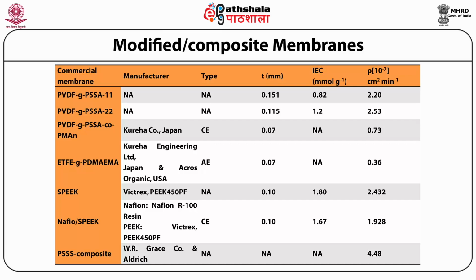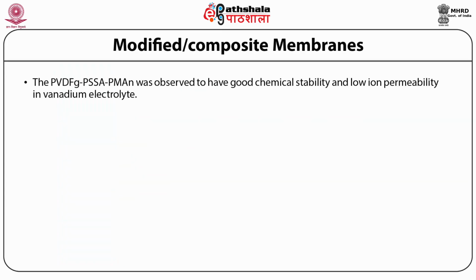PMAN as tabulated, where MAN is the maleic anhydride used to reduce the irradiation dose to the membrane. The PVDF-g-PSSA-PMAN was observed to have good chemical stability and low ionic permeability in vanadium electrolyte.